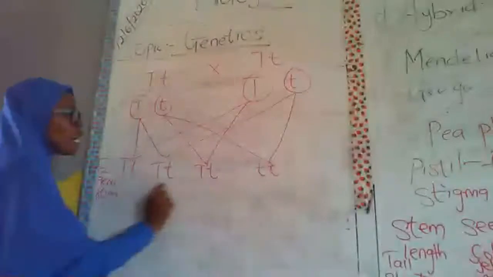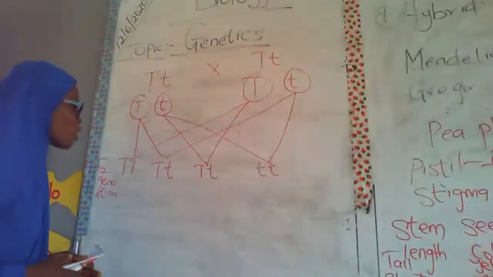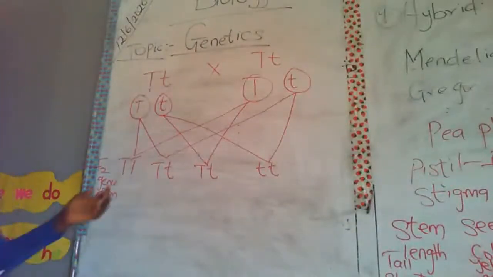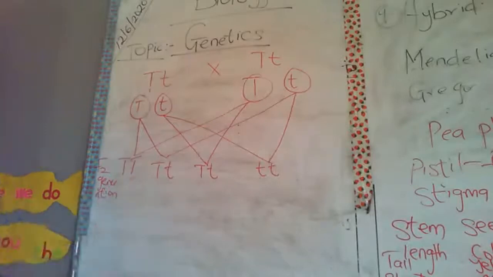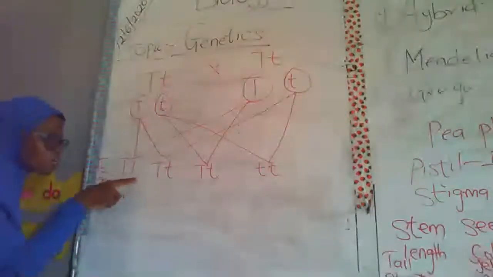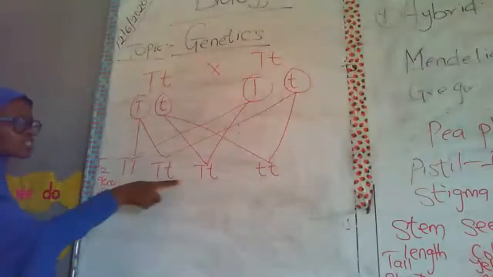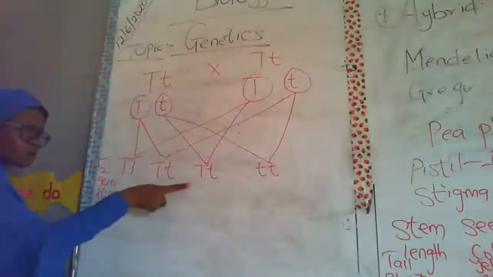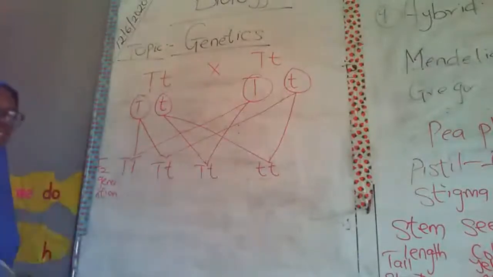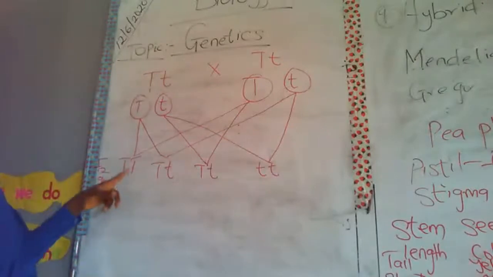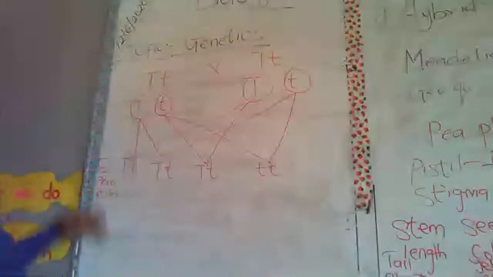The second filial generation. So now we have the top plant. You know, this is homozygous, this is heterozygous, and this is homozygous. Meaning this one is homozygous tall and this one is heterozygous tall.